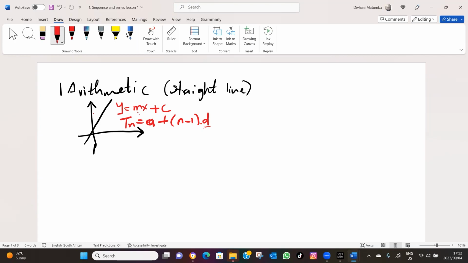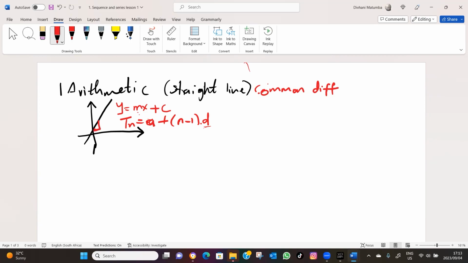That is why when we talk about arithmetic sequences, we're going to talk about a common difference.